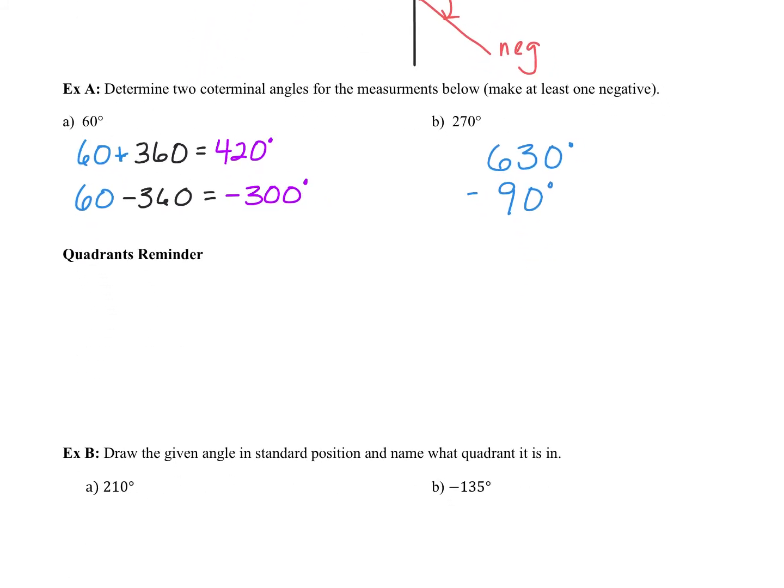All right, some reminder on quadrants on a graph. So, okay guys, shush. This is quadrant 1, this is quadrant 2, quadrant 3, and quadrant 4. Okay, so we go counterclockwise around.